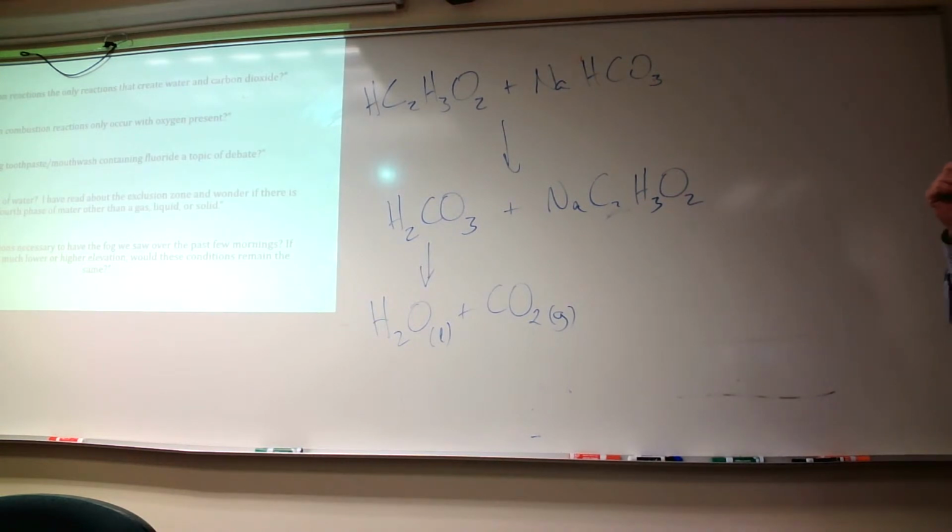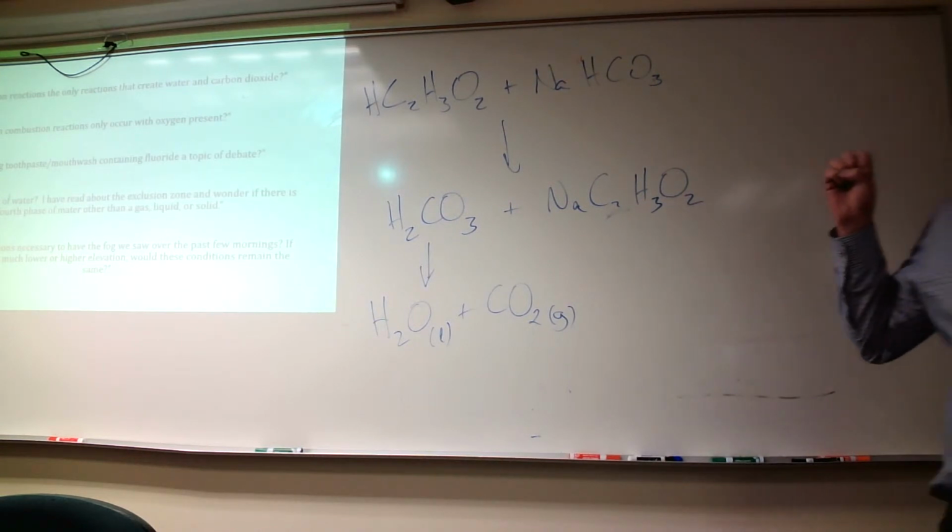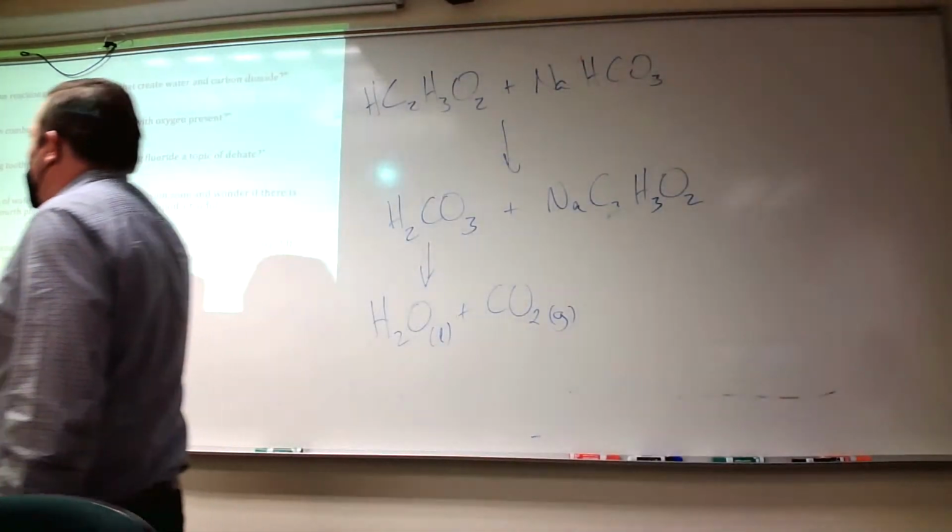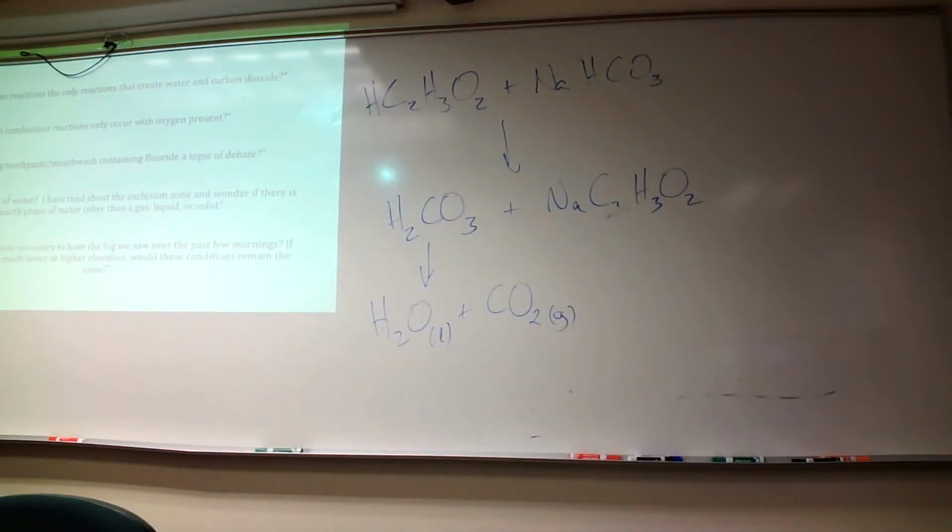So fog forming, and dew, and cloud formation are basically a transition where, at a certain pressure, if you drop the temperature, you cause a phase change.